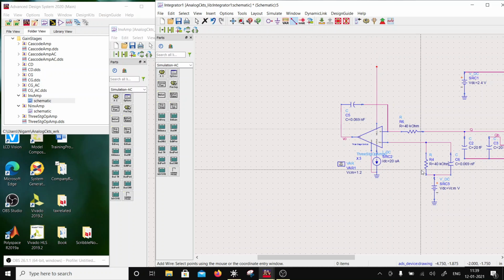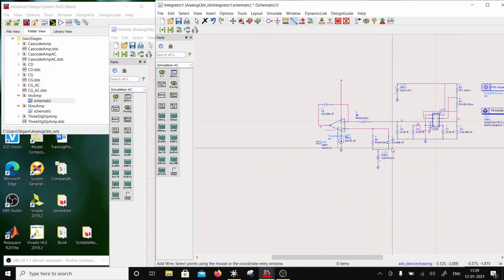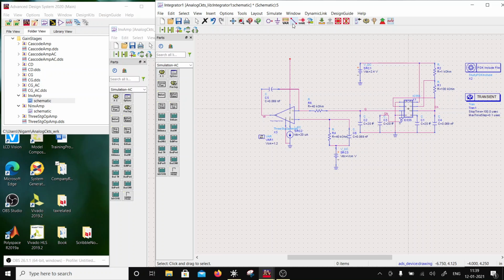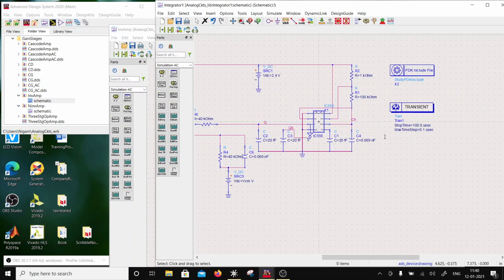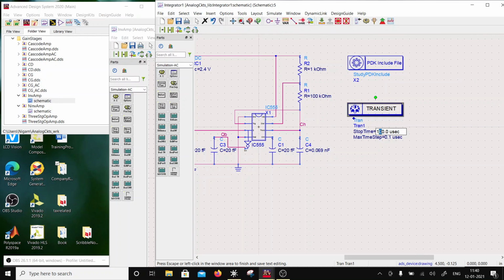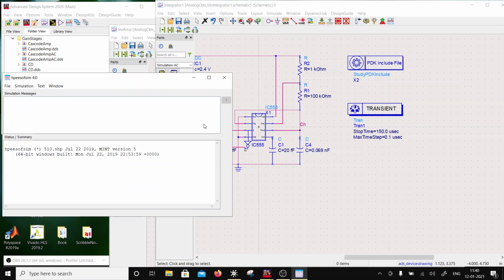This is biased this way, and VCM over here is going to be 1.2 volts, correct? And then the supply is going to be this one. So let's connect the supply. Q is going to be a square wave, and VO should be a triangular wave, right? I would do it for 150 microseconds, with 0.1 microsecond as the time step. So let's simulate this.